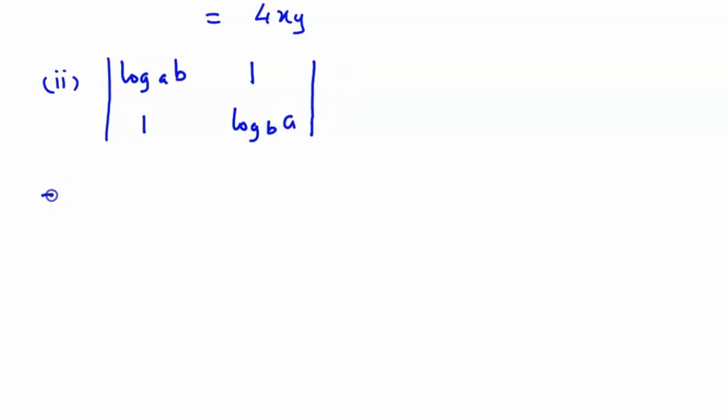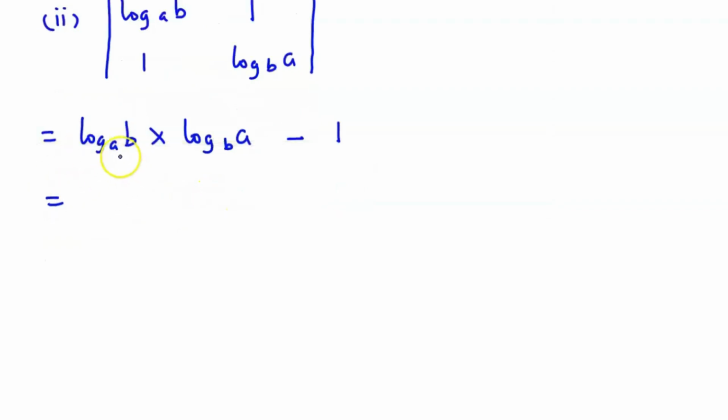Now again we just evaluate, we just multiply these two, so we have log b to the base a into log of a to the base b minus 1 into 1, that's 1. Now here we could use the change of base theorem in both these log terms.